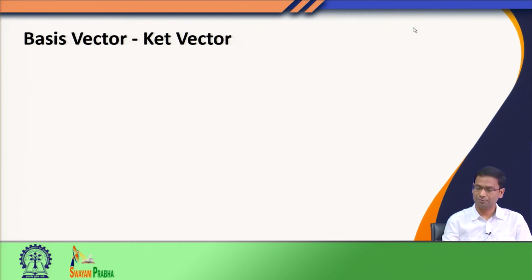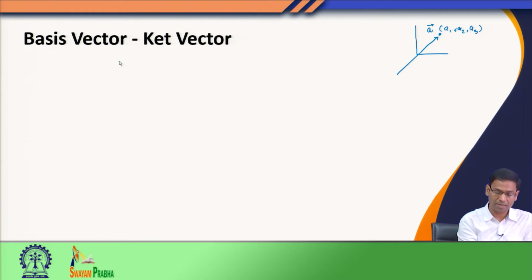Suppose we have a vector in the 3-dimensional space, in the familiar Cartesian coordinates we are used to. Suppose there is this vector A, which is given by A1, A2, A3 along the 3 coordinates.